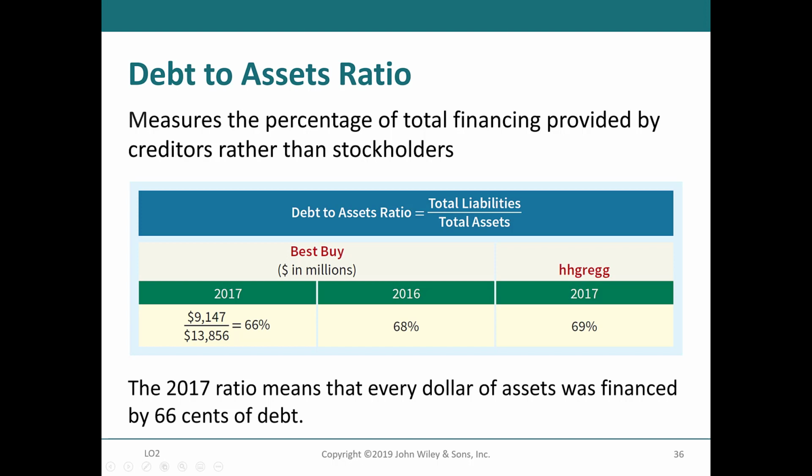That makes it 66 cents. Sorry, 66 percent. And in 2016, we have it to be 68. So the 2017 ratio means that every dollar of assets was financed by 66 cents of debt. So you're looking at its ability to last for a long time.